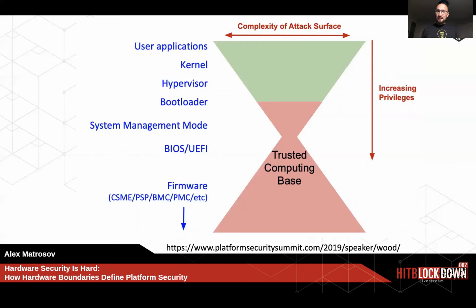I would say modern firmware and hardware have much less attack surface complexity than modern software, but the privileges at those levels are very powerful. And Rob Woods from NCC presented this concept at last year's Platform Security Summit, which I really like.